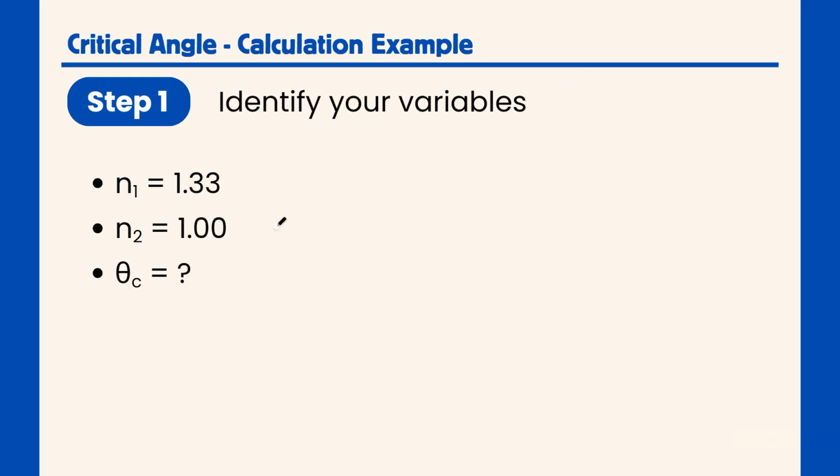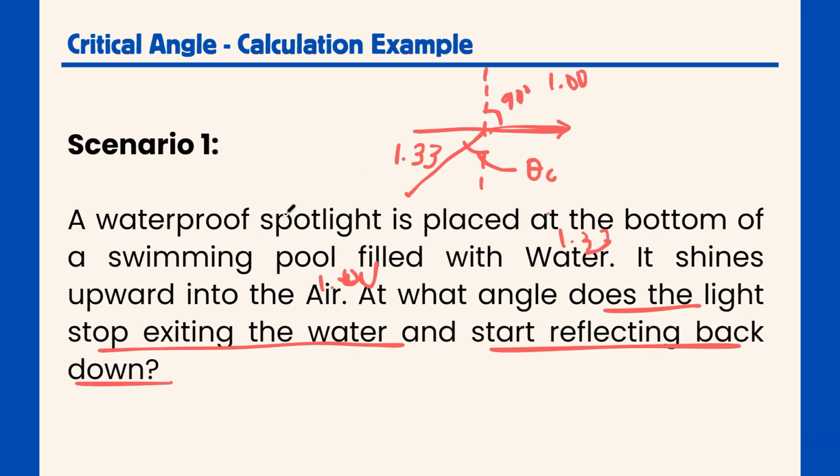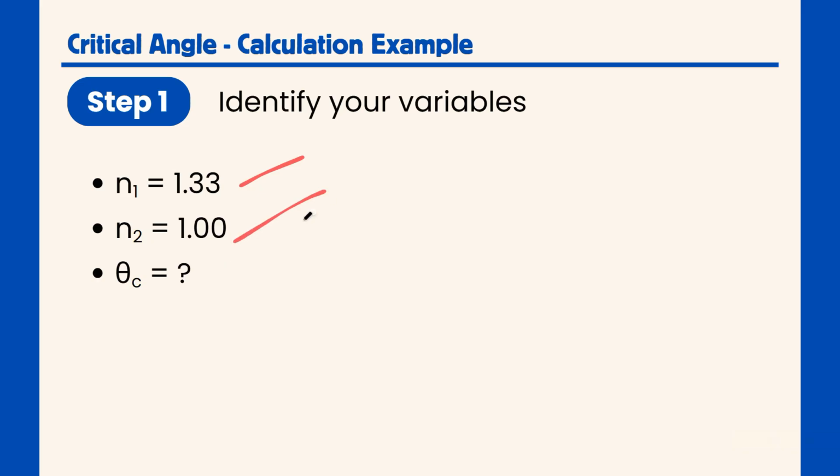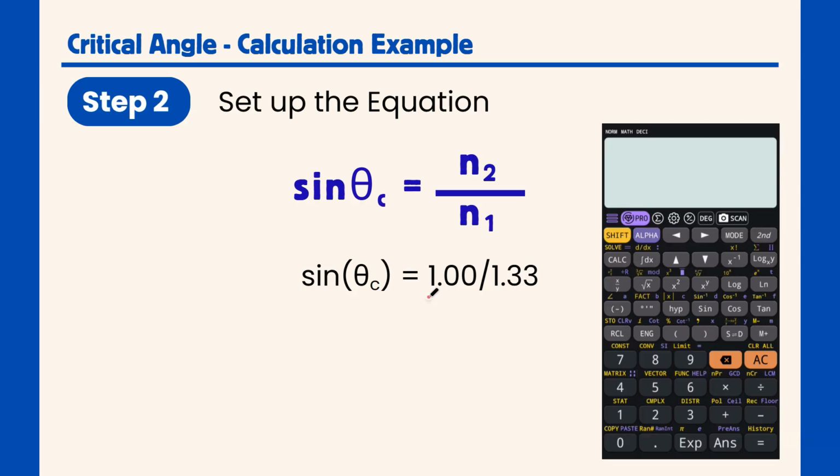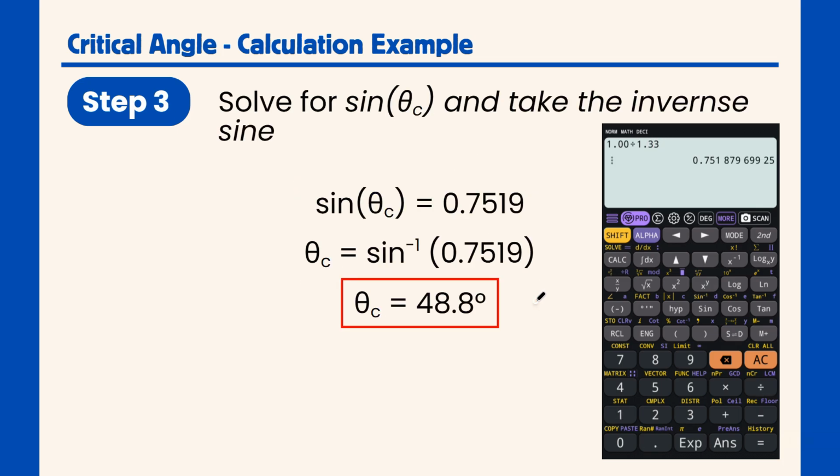So we have to identify our variables. We just did that. And the value we are looking for is our critical angle. So we set up the equation of our critical angle, that is n2 over n1. Simply substitute 1.00 over 1.33, and then we have here the value of 0.7519.